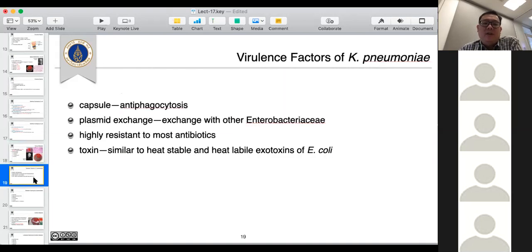The important species is Klebsiella pneumoniae, but other Klebsiella can cause diarrhea. This one is an opportunistic infection that causes pneumonia. They possess a capsule and have plasmids that exchange genes with other genera in Enterobacteriaceae. The important thing is they resist so many antibiotics, which makes Klebsiella so serious. They possess heat-stable and heat-labile exotoxin like E. coli, and also endotoxin.